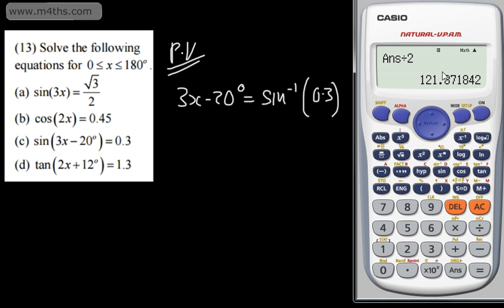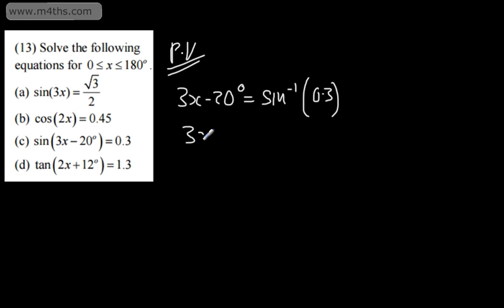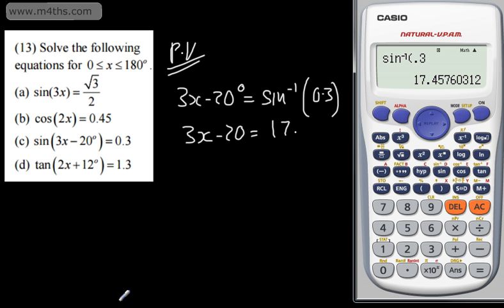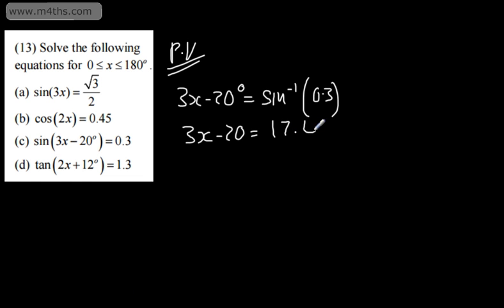So again, in degrees, shift sine, inverse sine of 0.3 gives 17.457. So 3x minus 20 is equal now to 17.457..., plus or minus multiples of 360 degrees.